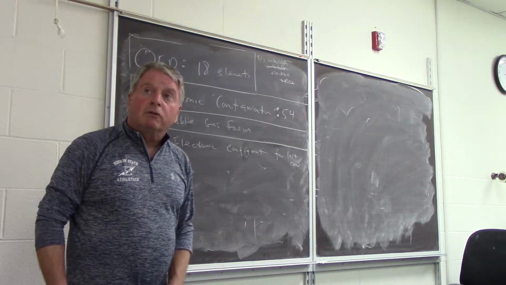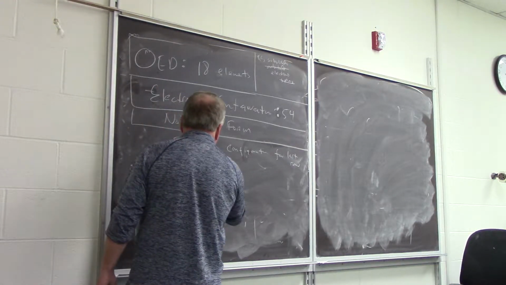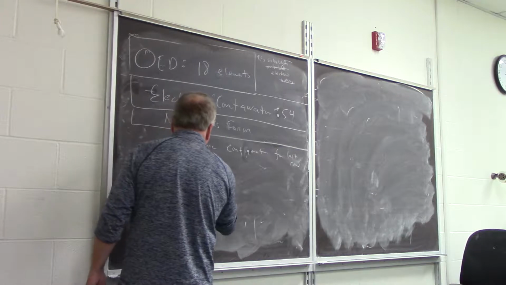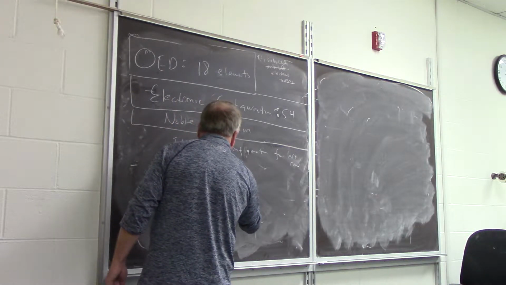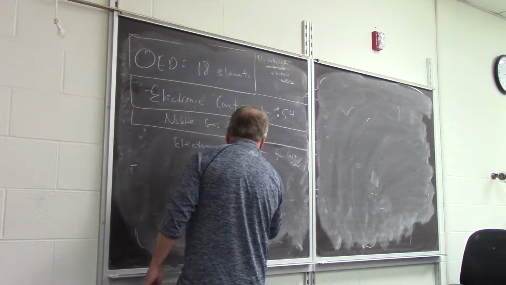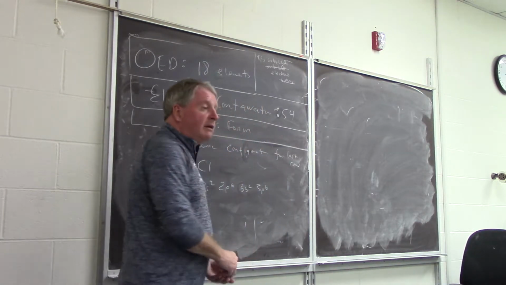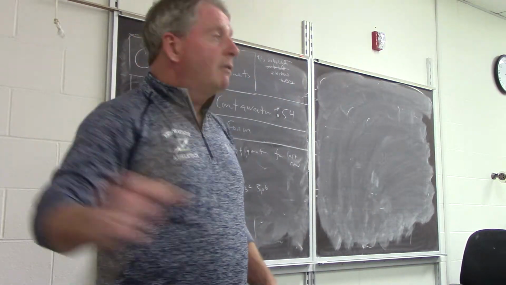So let's do chlorine. Chlorine is 1s2, 2s2, 2p6, 3s2, 3p6. Okay, it's right here, not 6, that's 3p5.